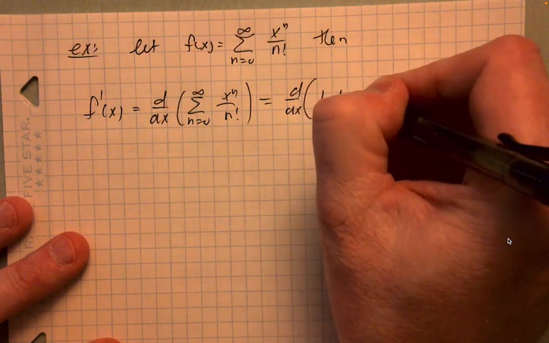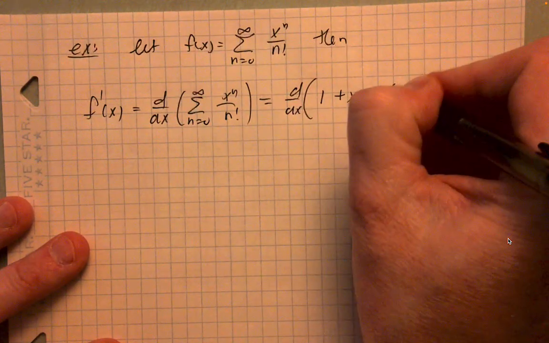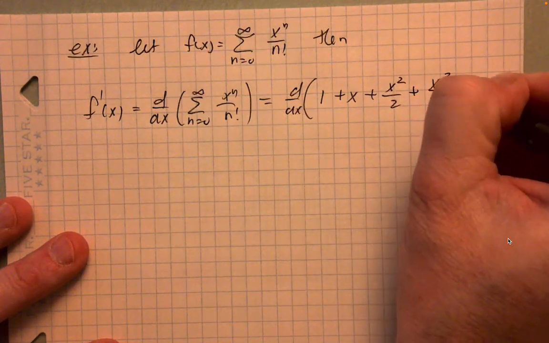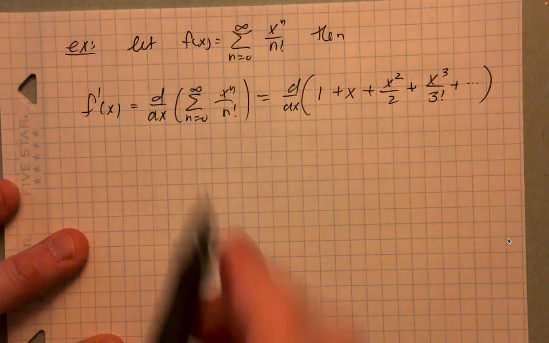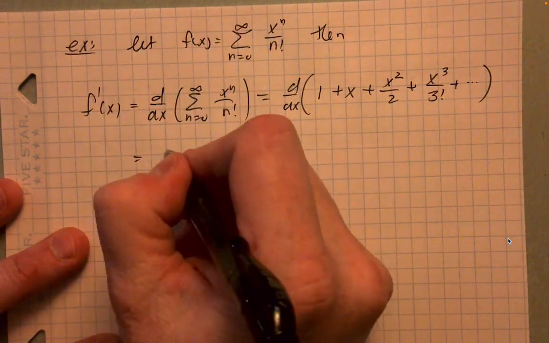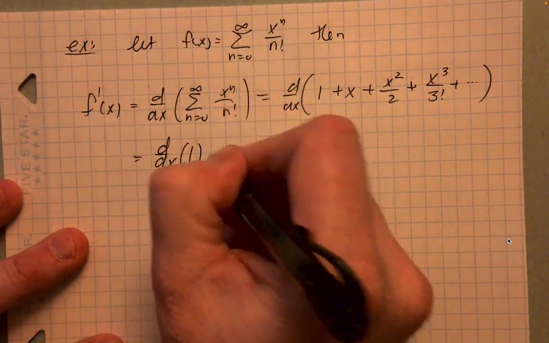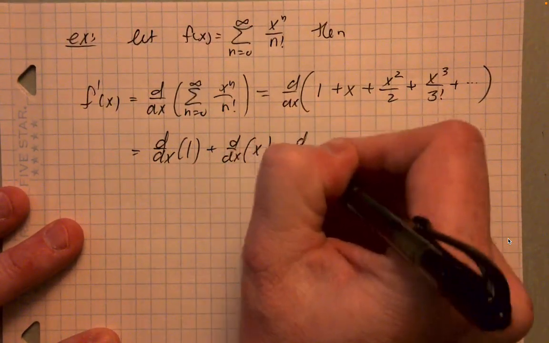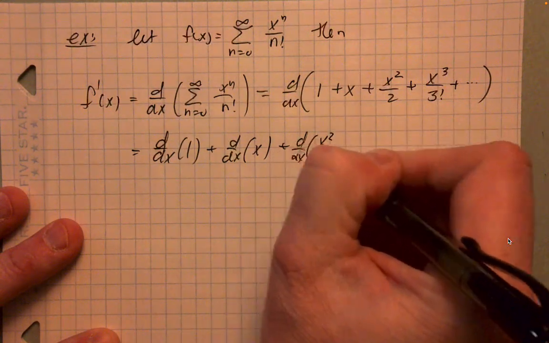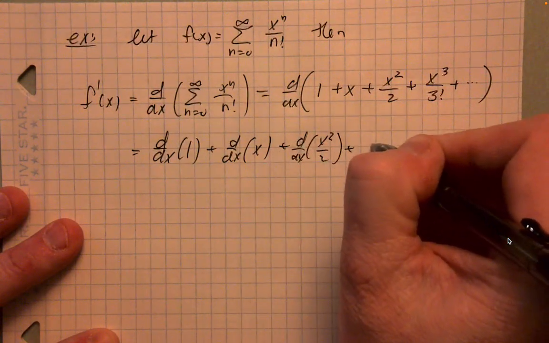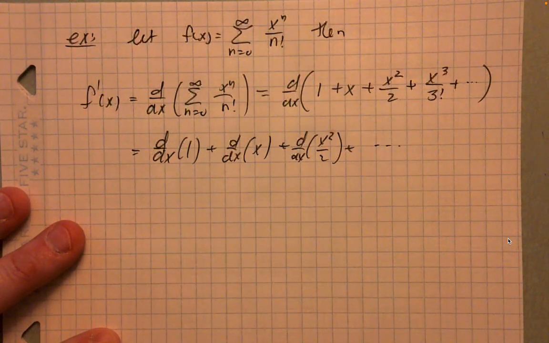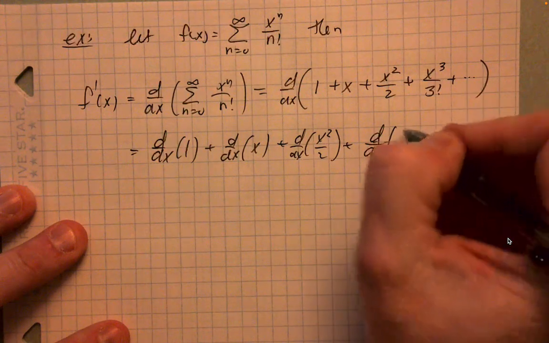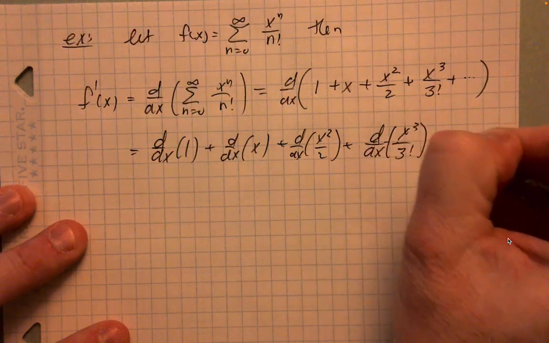There will be 1 plus x plus x squared over 2 plus x cubed over 3 factorial plus and so on. Okay, and we know that that's equal to d dx of 1 plus d dx of x plus d dx of x squared over 2 plus, and so on. So let's put one more in there. d dx of x cubed over 3 factorial plus so on.